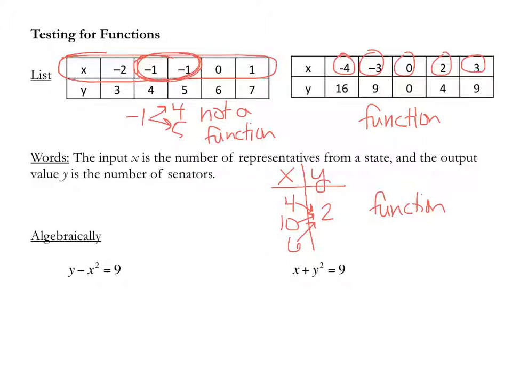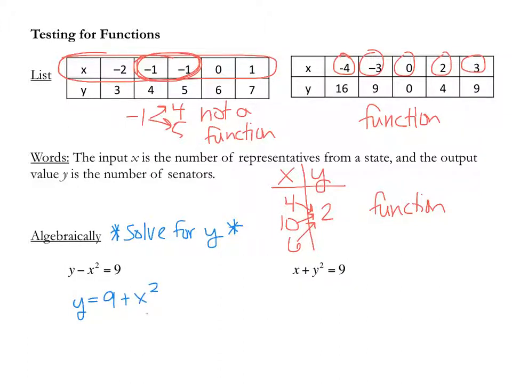Lastly, algebraically, when we're looking at an equation, in order to determine if it's a function, what you really need to do first is solve for y. So we're going to solve for y first, and then after we look at that, we have to determine if every one input is going to give me one output. So if I solve this one for y, I would add the x squared to the other side.